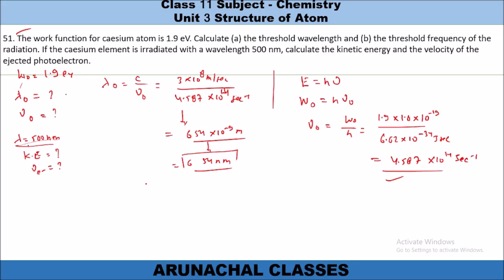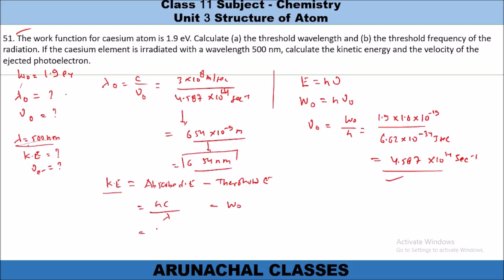Now let us find out the kinetic energy of the photoelectron in this case. The kinetic energy of the photoelectron is given as the absorbed energy minus the threshold energy. The absorbed energy is hc upon lambda, that is h nu, and the threshold energy is the work function.